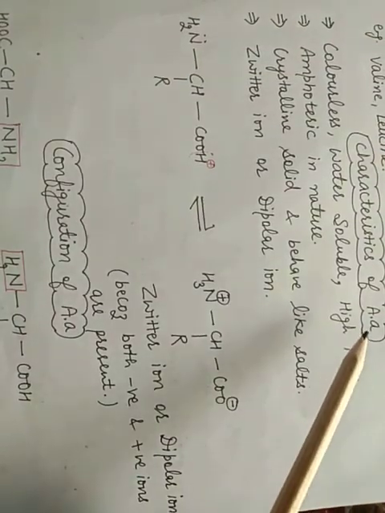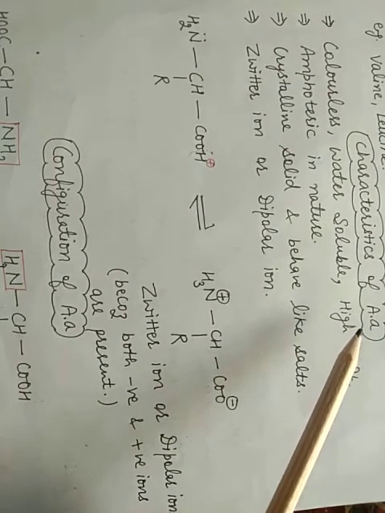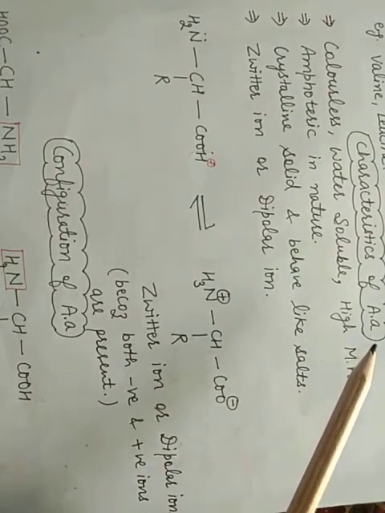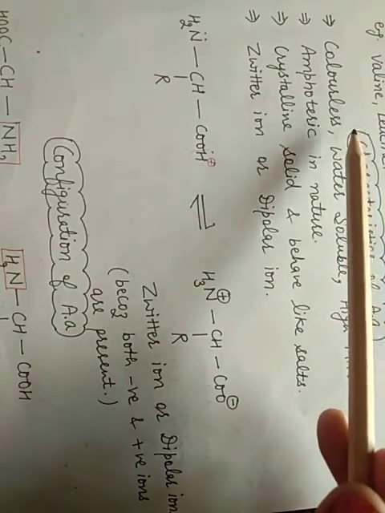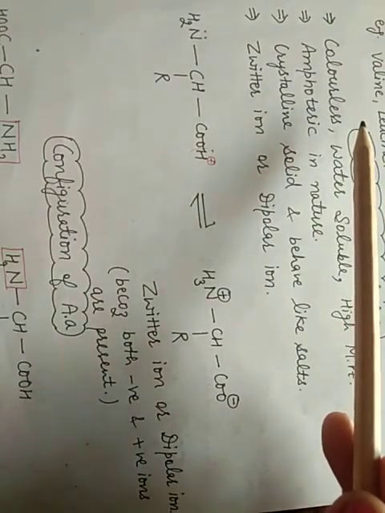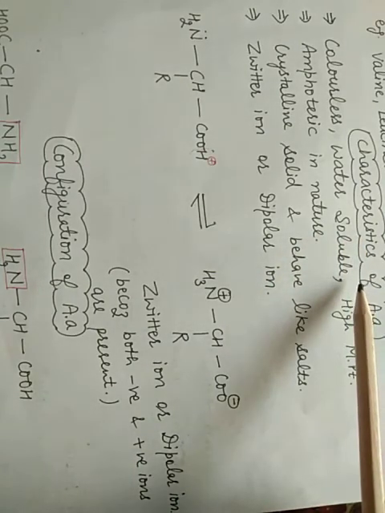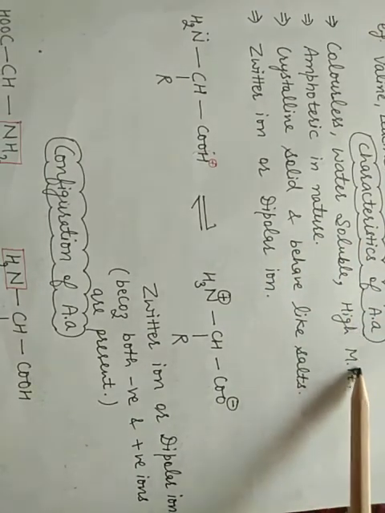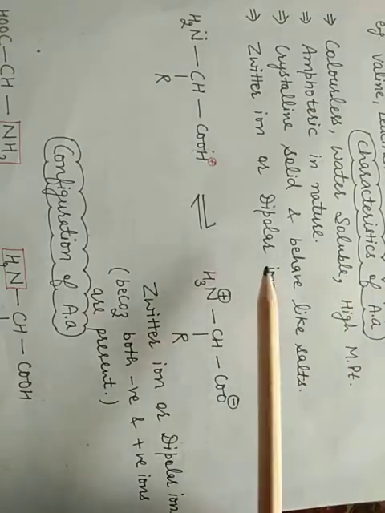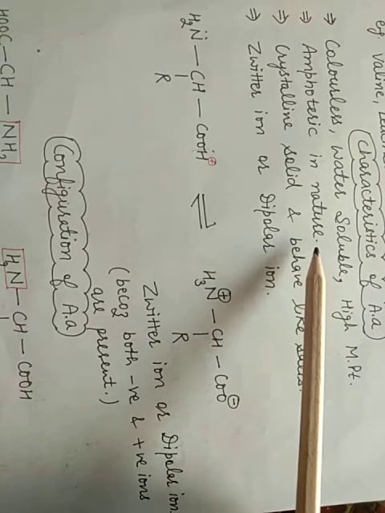Now next is the characteristics of amino acids. First characteristic, amino acids are colorless, water soluble, and have a high melting point. Second, amino acids are amphoteric in nature.